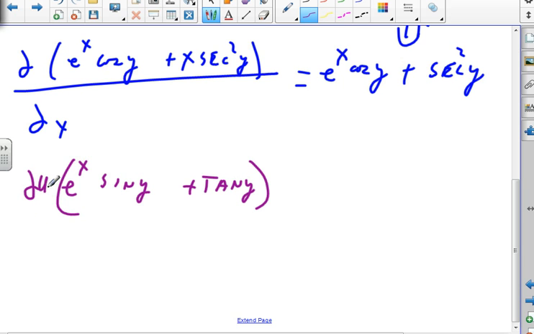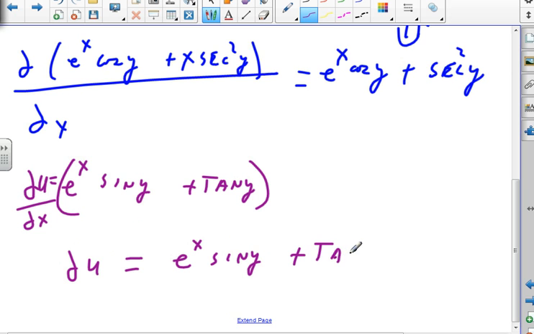No, u partial of x is equal to that. Okay, I got it. So now I'm going to have u partial of x equals e to the x sine y plus tangent y dx.